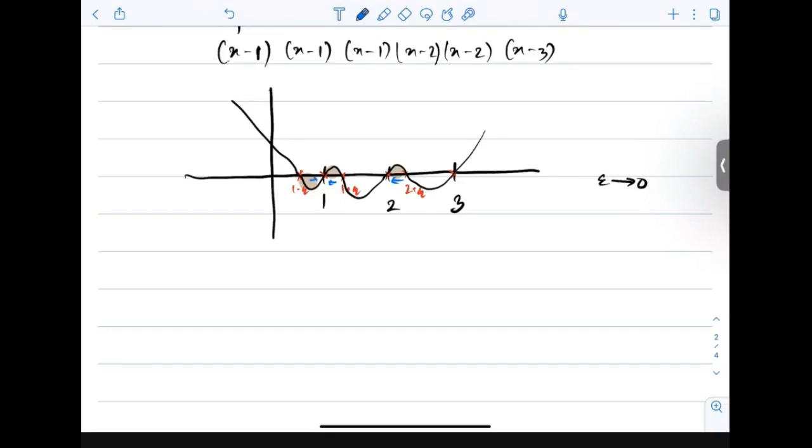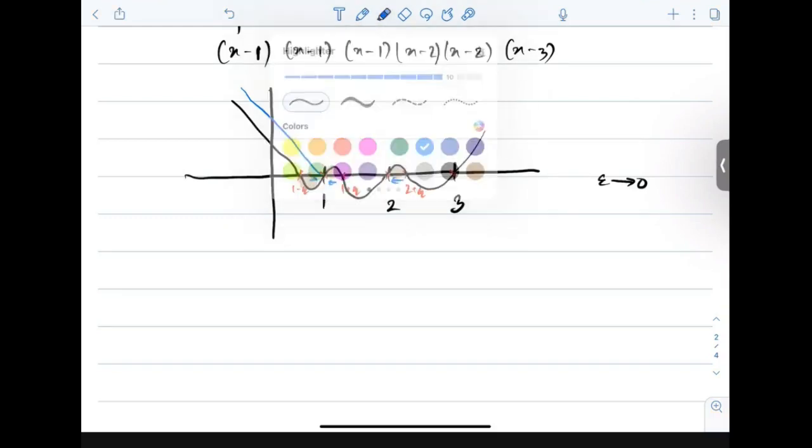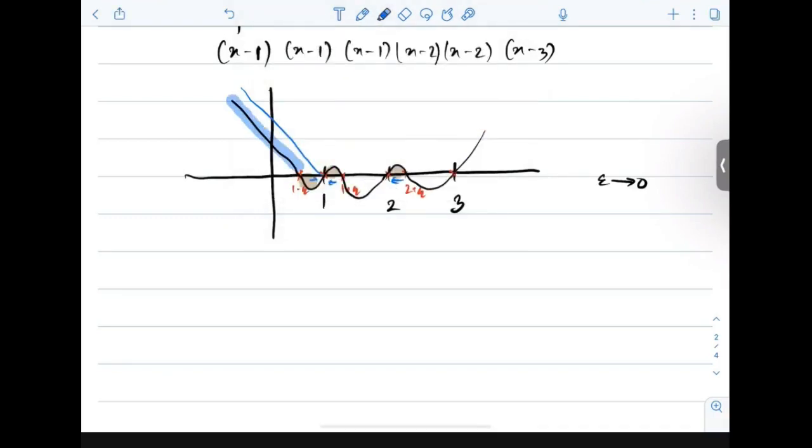So if you draw, observe that this part will be clubbing together, so it will be coming like this, okay, and this part is not there, so it will be this region, and then this region, and then this region, right?